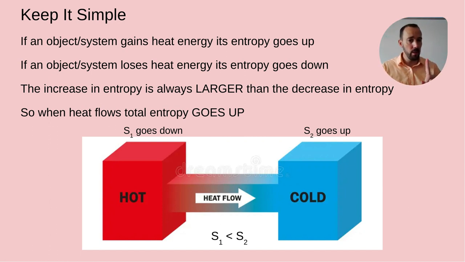But the total entropy of both put together always increases. So entropy, the amount of disorder of the universe or of a particular system, is always increasing whenever you have a thermal process happening. And that's the end of chapter 12.